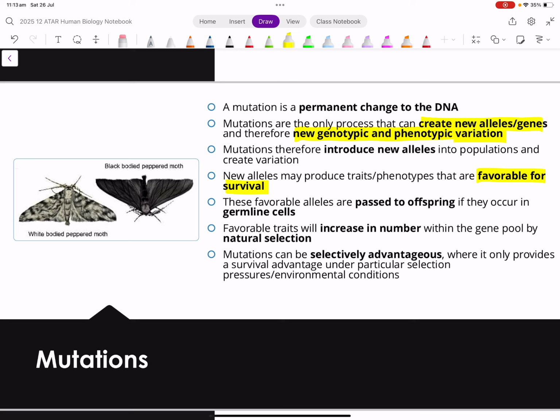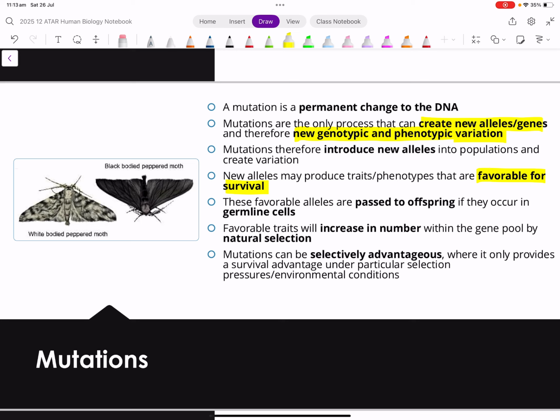So when predators such as owls were looking at trees, for instance, they could clearly see the white body of the peppered moth compared to the black-bodied peppered moth, and this led to a change in the allele frequency between these two different variations of the allele for body colour in these peppered moths.